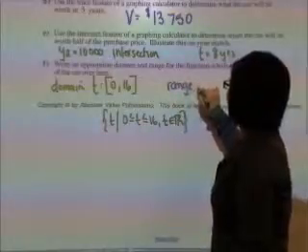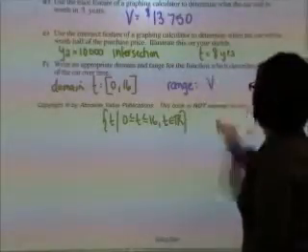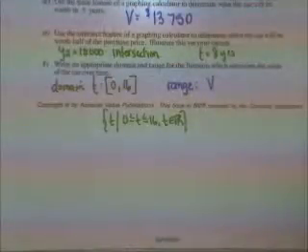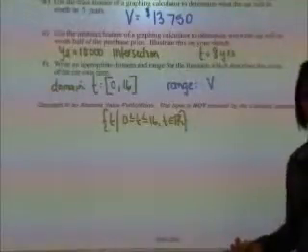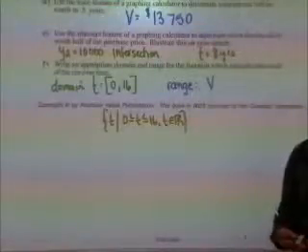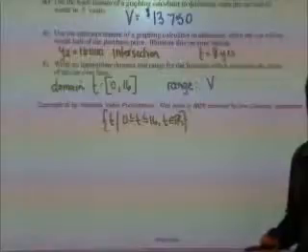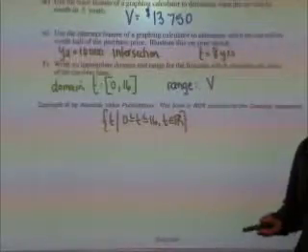When I'm looking at my range, which values am I looking at? My y values, which in this case has the variable of v. So what are my possible v values? 0 to 20,000. And could it be anything between 0 and 20,000? Pretty much. The only thing that's going to limit me is that I can't really take a penny and divide it into tenths and hundredths, but I could.